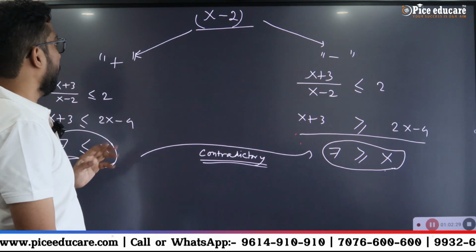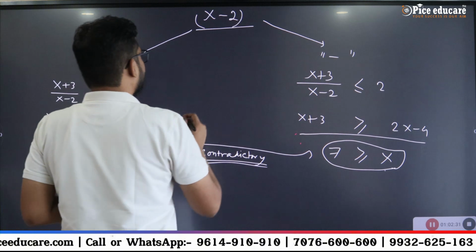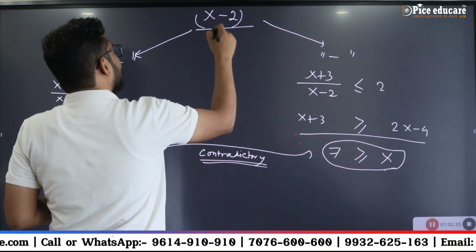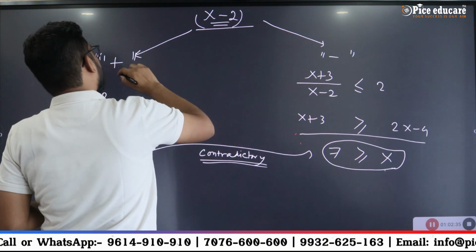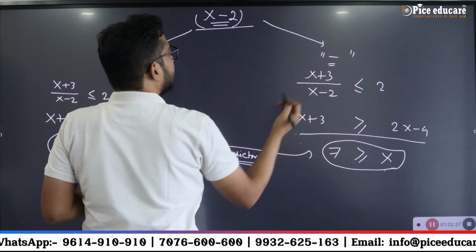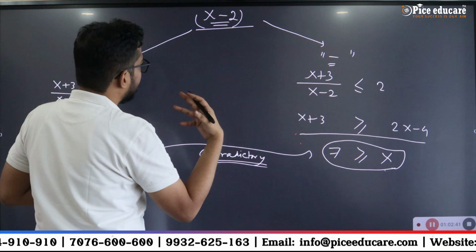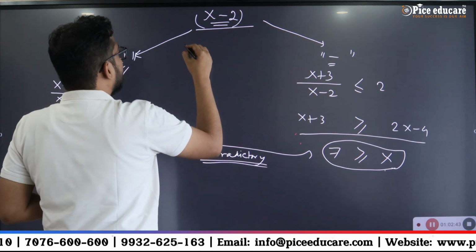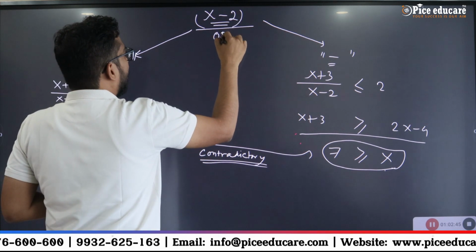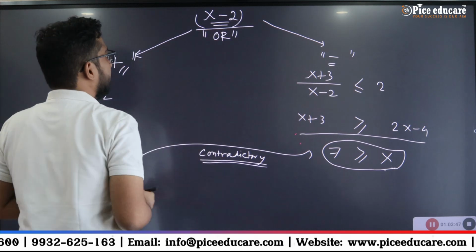Why? Because think about this. Can x minus 2 be positive and negative at the same time? No, right? So if this is the case, then here is an OR, right?